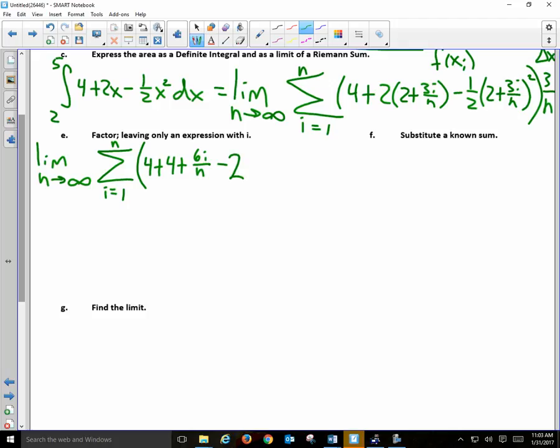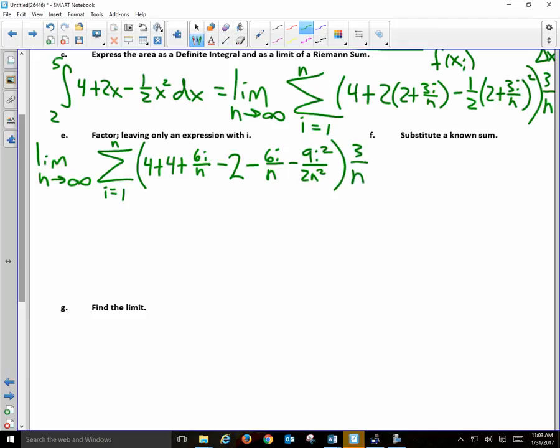And then when I FOIL this out, I'll have to double it, right? So I'll get 6i over n, doubled will be 12i over n, times negative 1 half is negative 6i over n. 3i over n squared, 9i squared over n squared, and then times 1 half, so minus 9i squared over 2n squared. And that's all being multiplied by 3 over n.